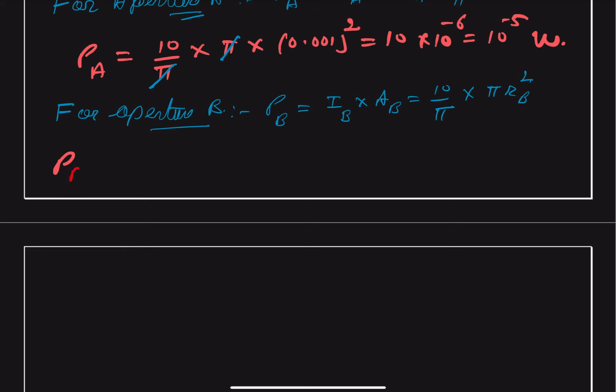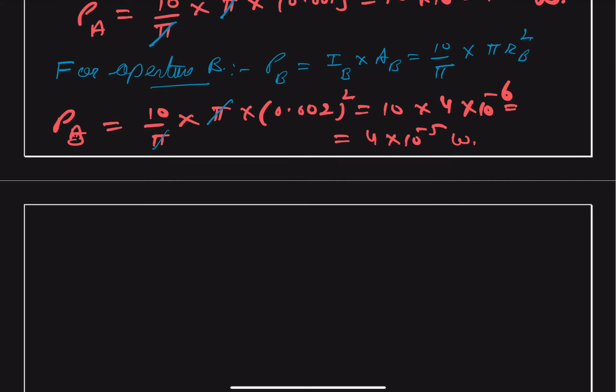So this gives us the power of B equal to 10 upon pi multiplied by pi, and the radius is given as 0.002 whole square. Here pi goes with pi, and we are left with 10 into 2 to the power 4 into 10 to the power minus 6, giving us 4 into 10 to the power minus 5 watts. So these are the transmitted powers through the apertures.